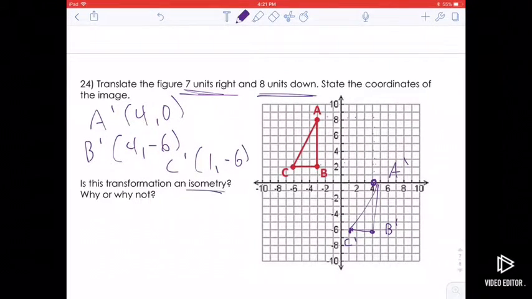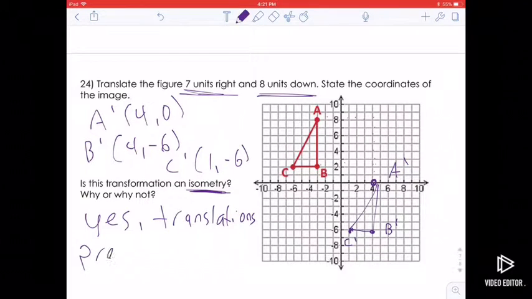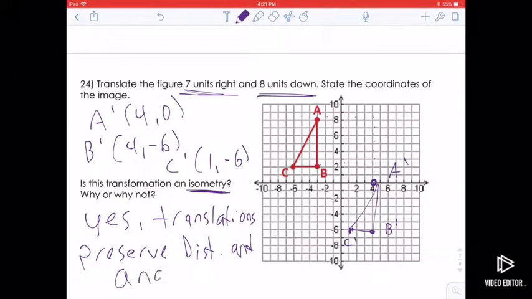Is this transformation an isometry? Isometry preserves distance and angle measure, so yes. Translations preserve distance and angle measure.